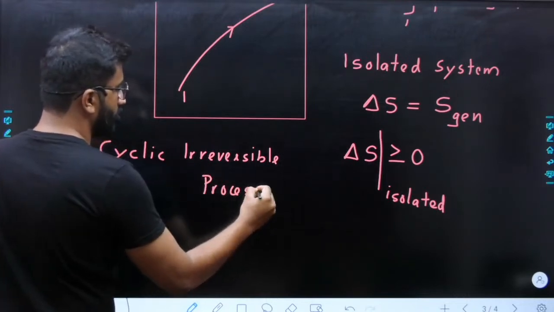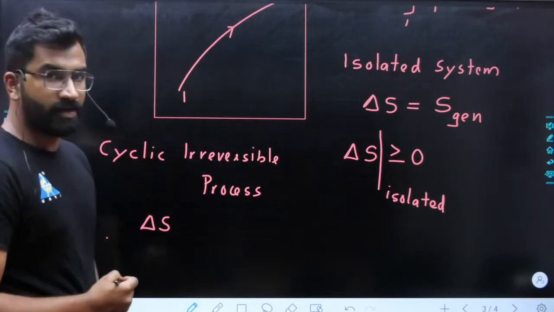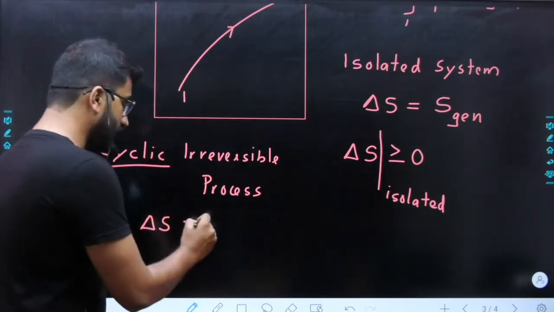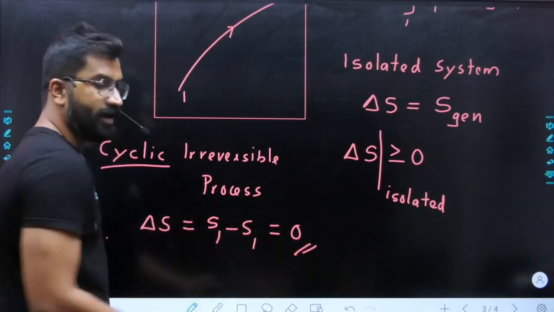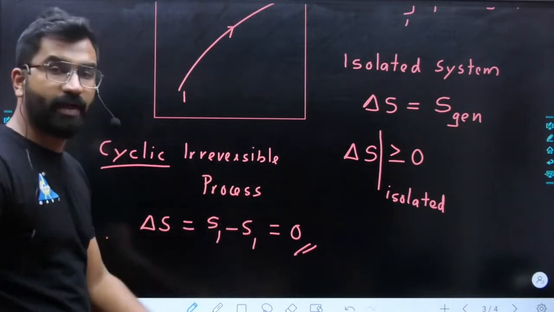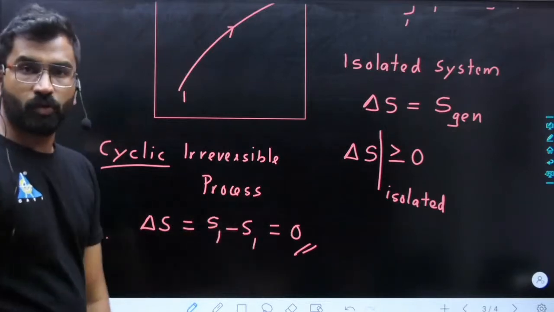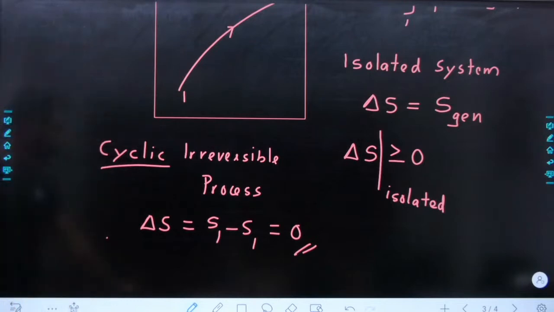What is the entropy change? It doesn't matter reversible or irreversible. What is the meaning of a cycle? S1 minus S1. Initial and final points are the same. So for a cyclic irreversible process, what will be the value of entropy? It will be 0. Okay? Entropy change will be 0.